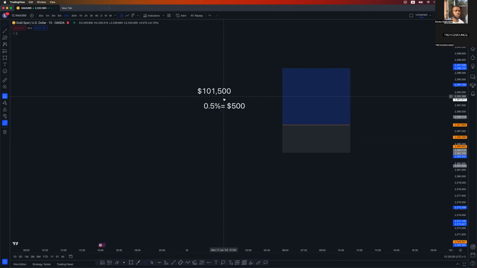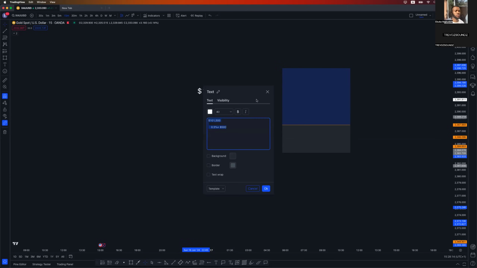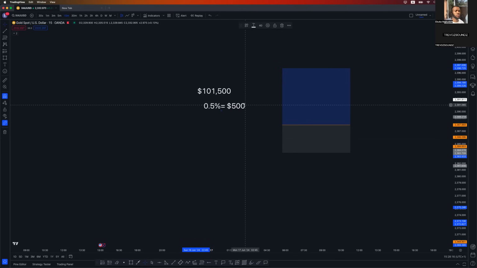So even though you want to risk more, let's assume you want to risk 1%. Let's assume you don't want to risk 0.5% again.